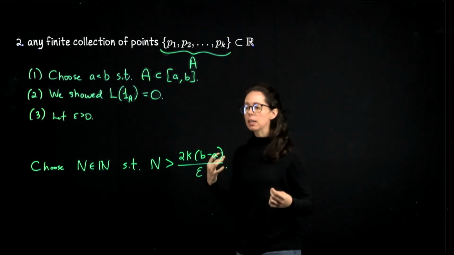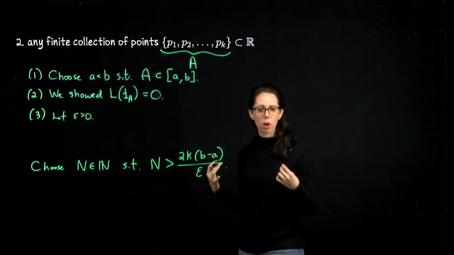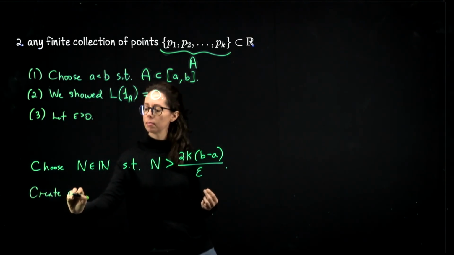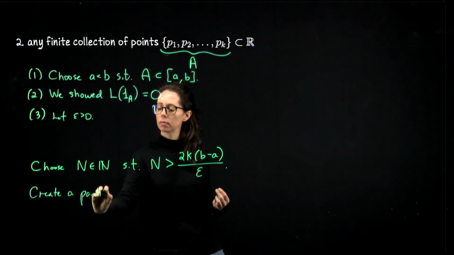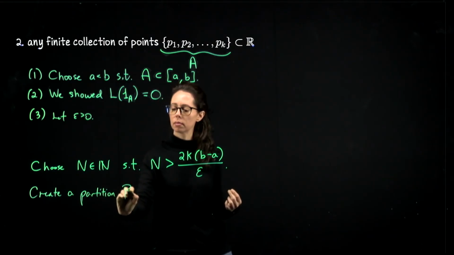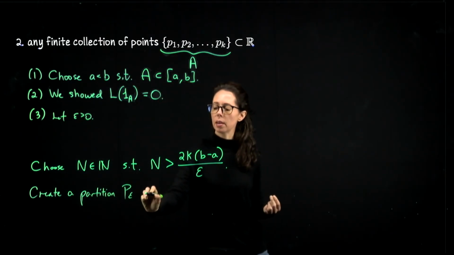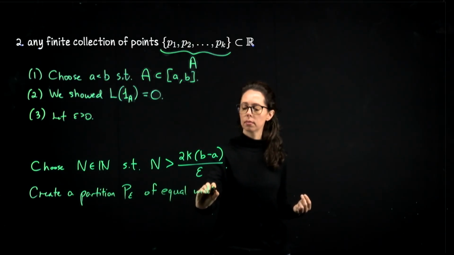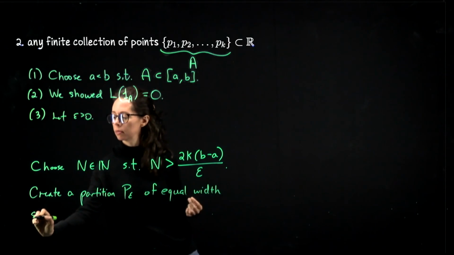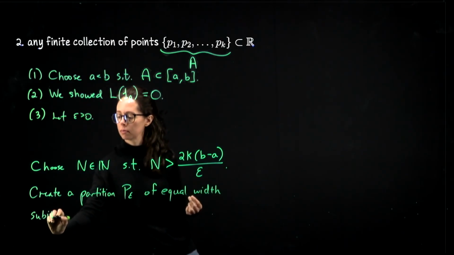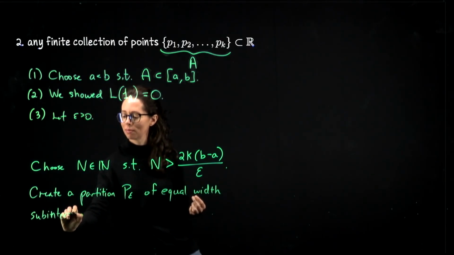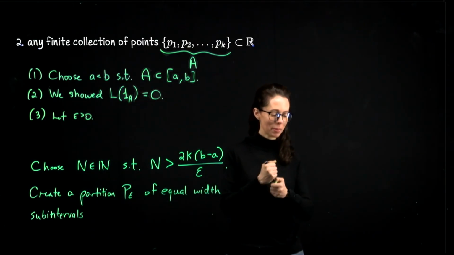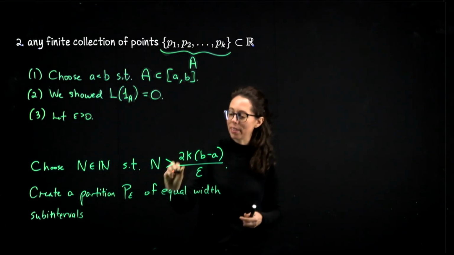So now create, let's use the language of Riemann's condition, we'll call it P sub epsilon. Create a partition P sub epsilon of equal width subintervals. We could actually be more specific and say that there are N of these.